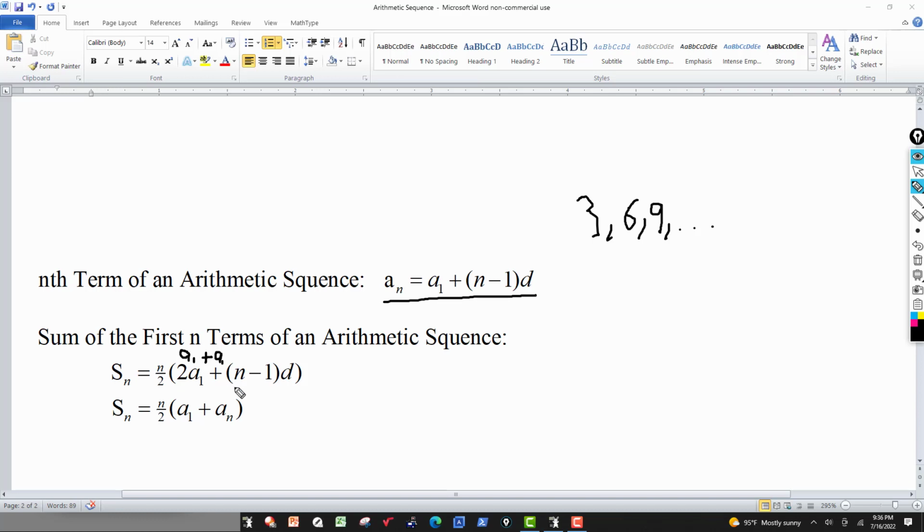But if I put this a1 with this part right here, then it gives me a1 plus a1 plus n minus 1 times d, which of course is the nth term. So that's why I can write that formula like this. So I have two formulas for finding the sum of the first n terms of an arithmetic sequence. Okay, so I hope that's a quick review for you, and it's enough.